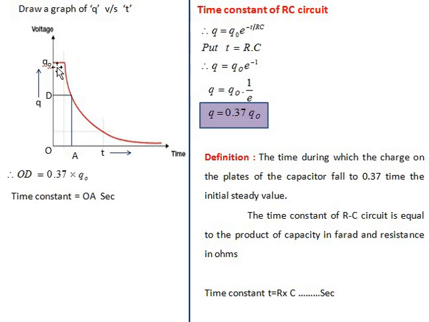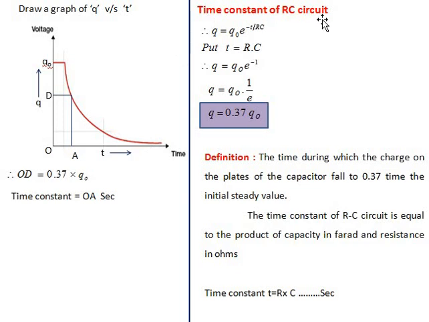The maximum steady charge on the capacitor is Q naught. When it is multiplied by 0.37, we get OD. Here we cut that OD across and we get OA as the time constant. That is, the time constant is equal to OA in seconds.